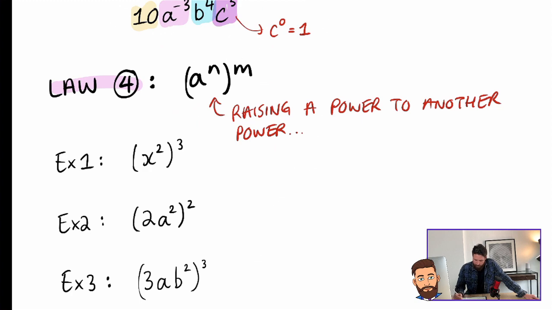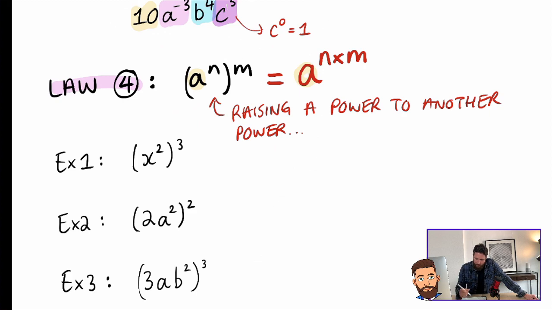The law states that if you raise a power to a power, you simply keep the base the same and you multiply the two powers together. So this a stays as the base, and you should see a common theme. The base generally stays the same. If you have the same base, that's sort of the green light to use the law. And what generally happens 9 times out of 10, the base stays the same and something happens to the powers.